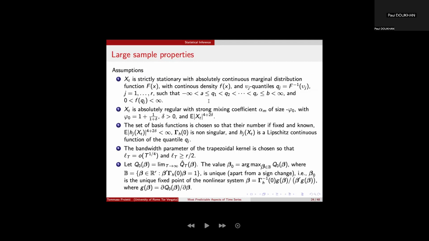That's the condition. So I need this rate. A further condition is that you need at least as many autocorrelations as the R that you use. This is because errors accumulate, and to make the estimation error go to 0, this is what you need.